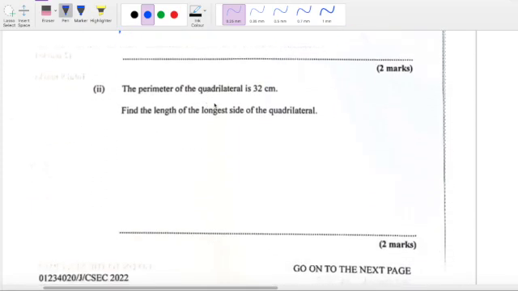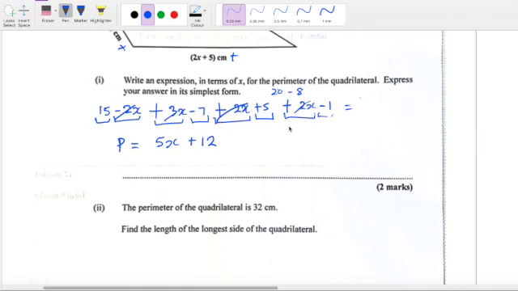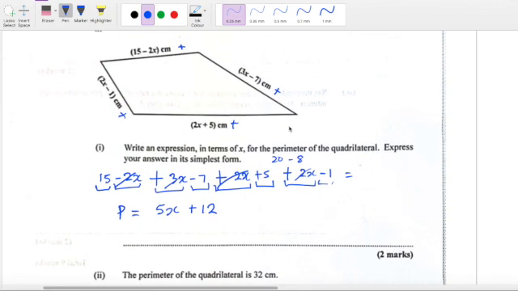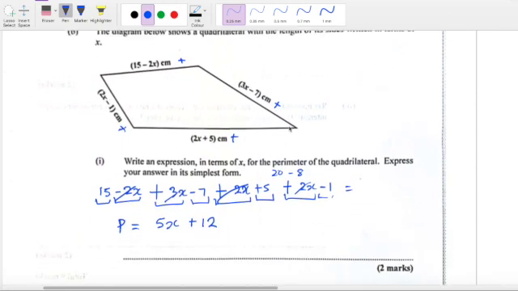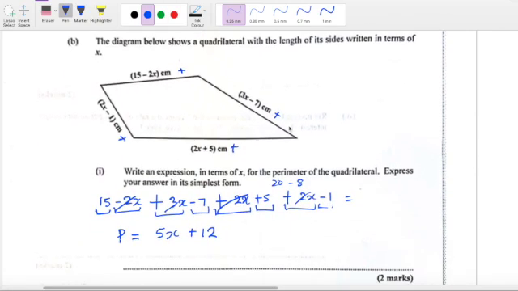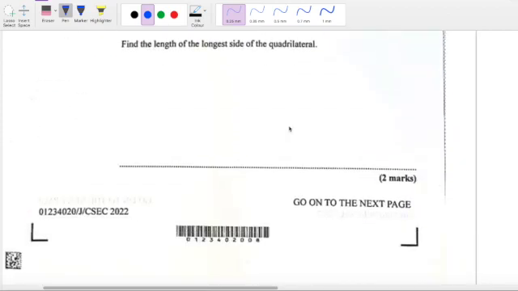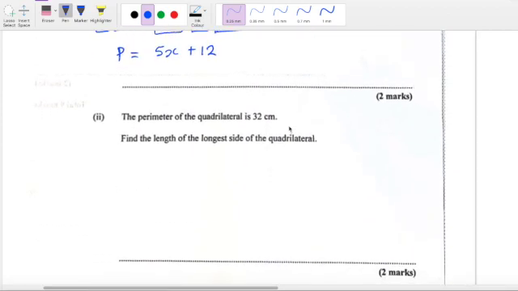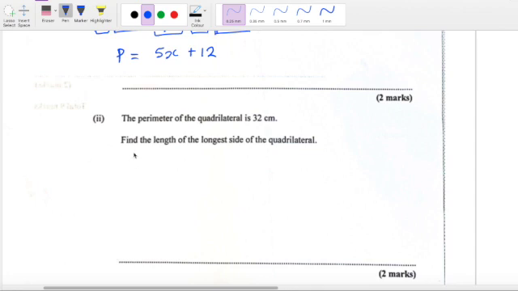The perimeter of the quadrilateral is 32 centimeters. Find the length of the longest side of the quadrilateral. Well, interesting. We don't really know. I don't know if it's drawn to scale, so we can't really say which is the longest side for sure. We'll have to test all of them, right? So we see here that the perimeter is 5x plus 12, and it said the perimeter is 32, so P is 32.